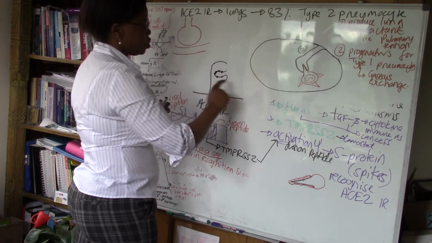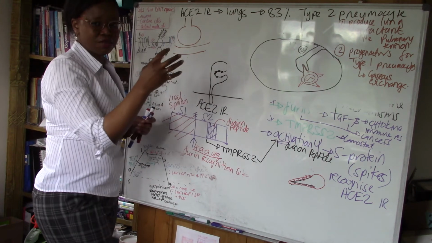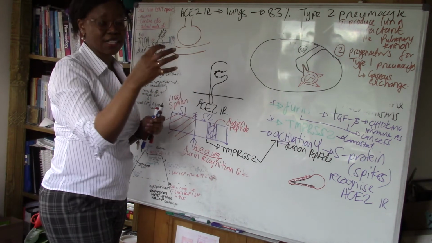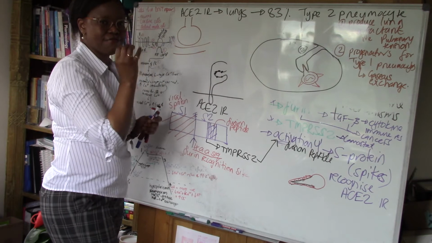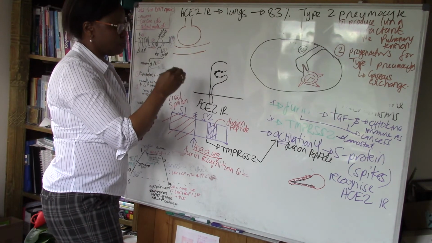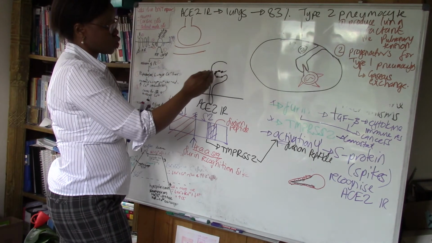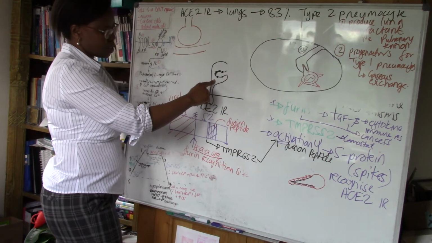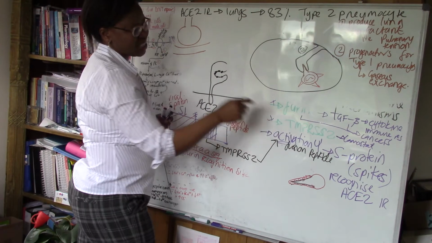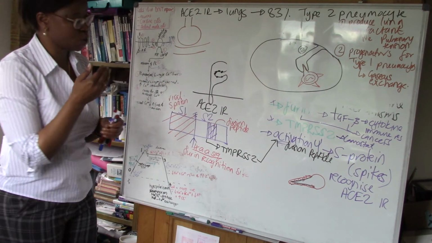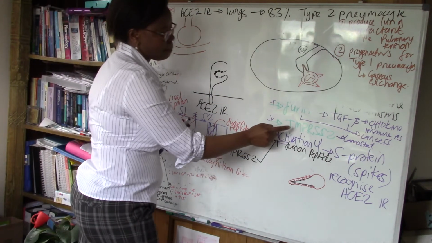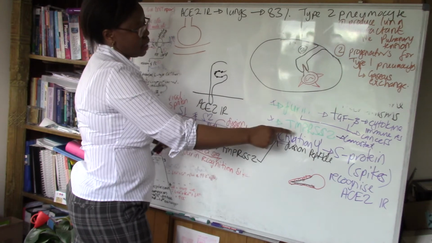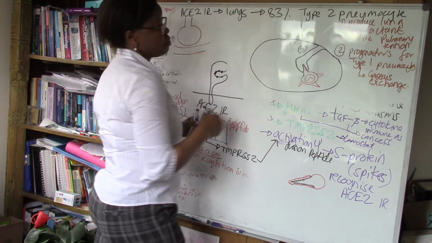It will use it to recognize specific amino acids that make it bind efficiently and make it much more specific for this receptor. And once it has bound this receptor, it then uses these two enzymes that are found everywhere in the human body. We express them, we need them. Particularly this enzyme is expressed in type 2 pneumocytes.